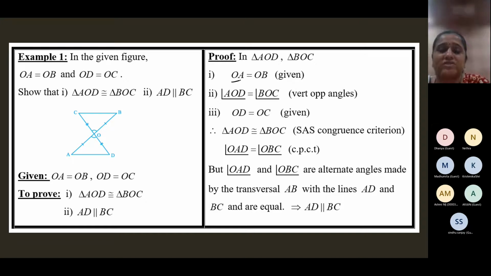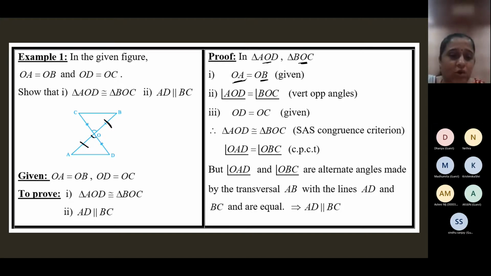So OA of the first, see, when I say first triangle, this one, children, second triangle is this one. Okay, so that's how we write the information. OA of the first triangle is equal to OB of the second triangle. That's given.